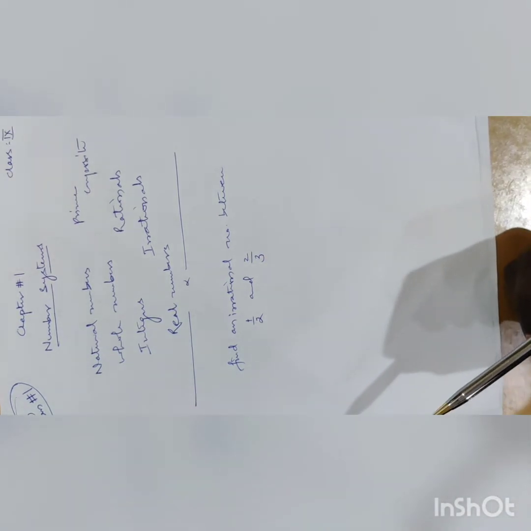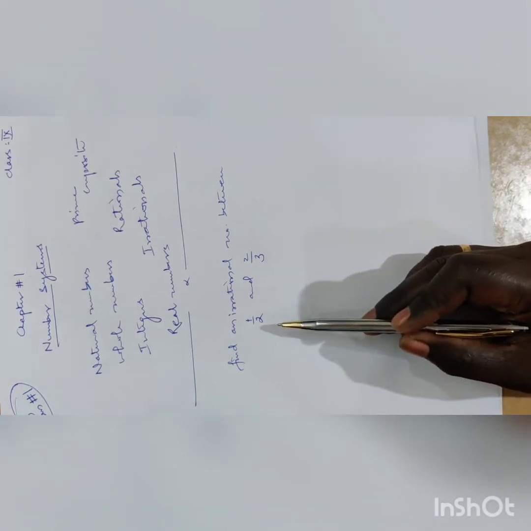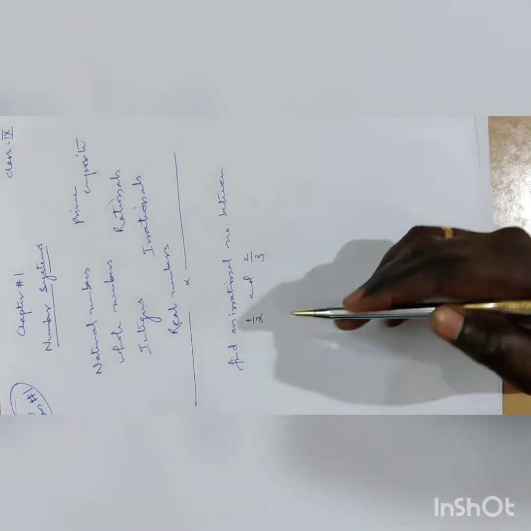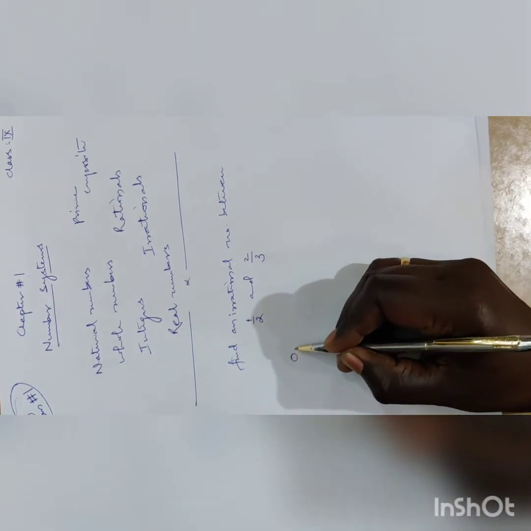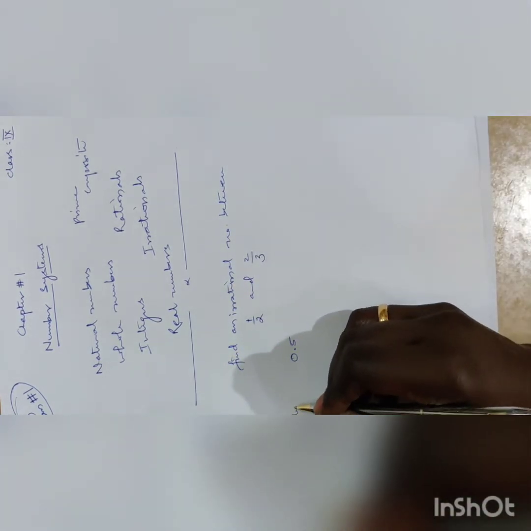What shall I do? First thing, I will convert them into decimals. 1/2 can be written as 0.5, and this is step 1.